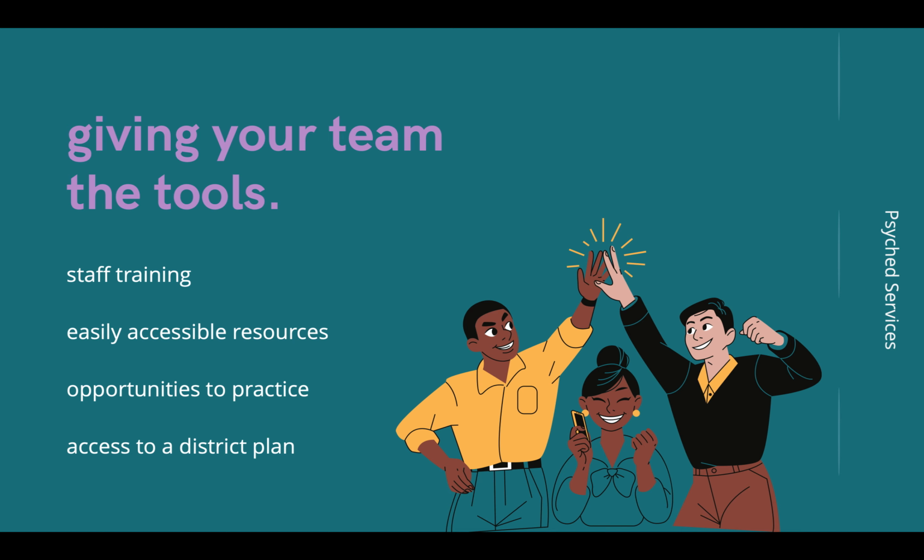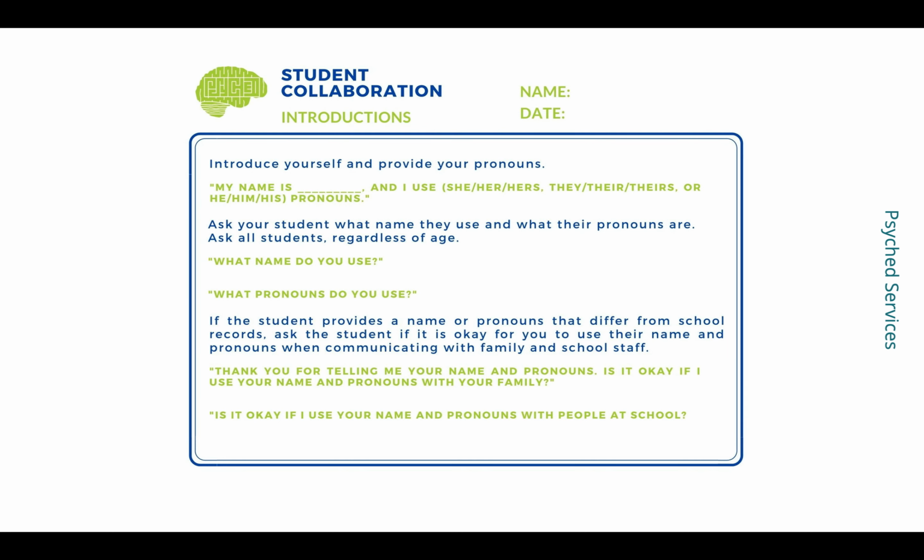Finally, it's really important to have a district level plan so that you have something that is cohesive and consistent that you can let your staff know to reference when they have questions, right, or when they don't know how to proceed. So all of those are just things to consider. You may have all of those things in place. You may have none of those things in place. So depending on where you are, you might have different action items.